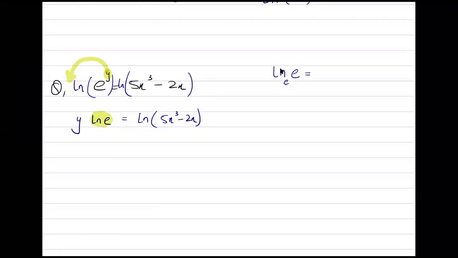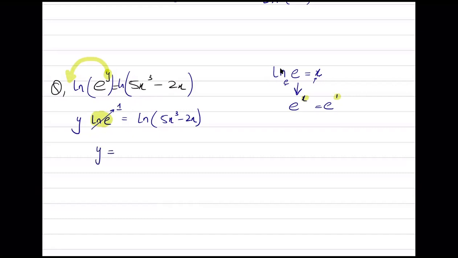And ln e is 1 because if you want this answer, then you convert from this log form to the exponential form. e raised to the power of x is equal to e raised to the power of 1, and that is only possible when x comes out as 1. That's why ln e is 1. Okay, so ln e is 1.